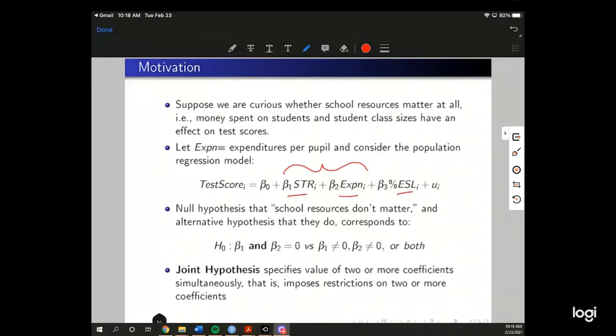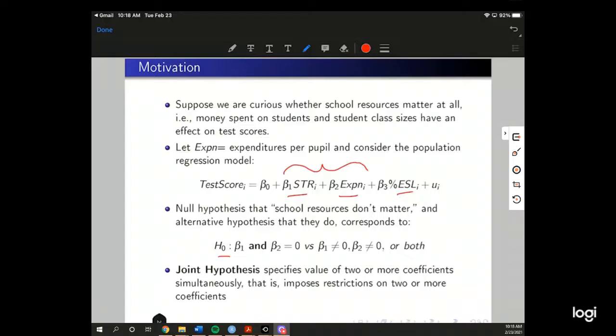So we're going to test a null hypothesis that school resources don't matter. In other words, beta 1 and beta 2 equal 0, and the alternative hypothesis that they do, which corresponds to the null hypothesis that beta 1 and beta 2 equal 0 versus the alternative hypothesis that beta 1 does not equal 0, beta 2 does not equal 0, or both.